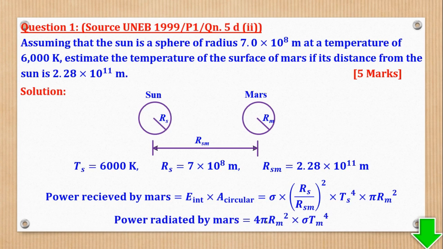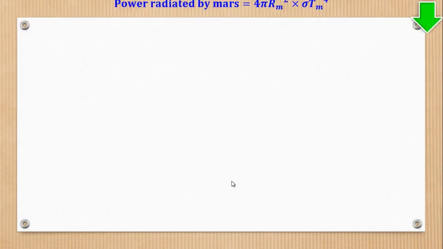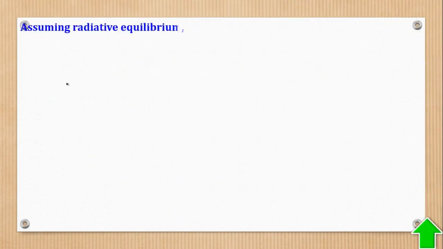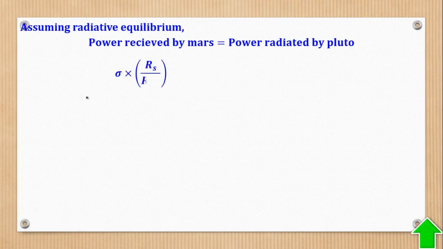Take note that it must be circular. Then power radiated by Mars is surface area. So this was circular cross-section area, but this one is surface area, times Stefan's constant, times the temperature of Mars raised to the power 4. Now at equilibrium we shall equate the two, power received and power radiated.